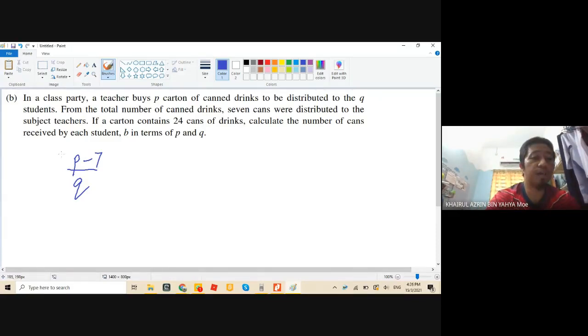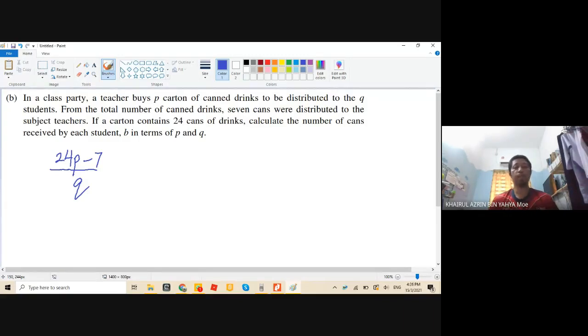We need to multiply with 24. So 24P means the total number of cans of drinks. Okay, 24P. Minus 7 because we give to the teacher. Divide with Q. Q is the number of students.